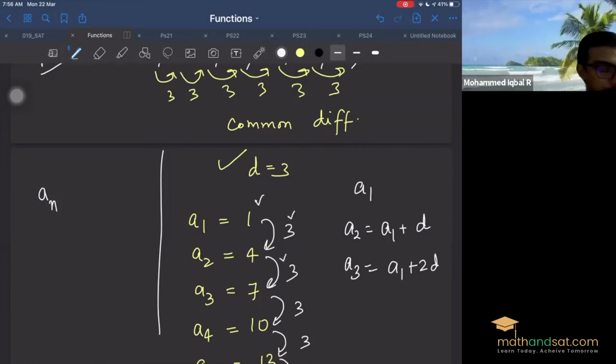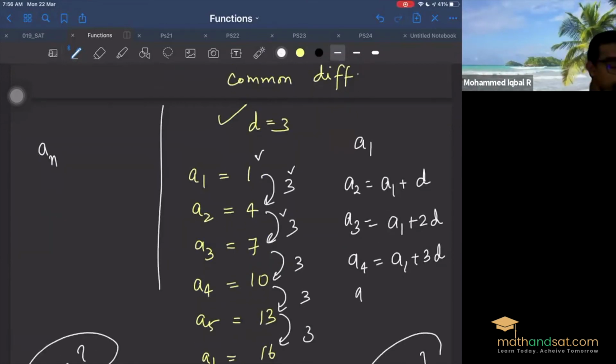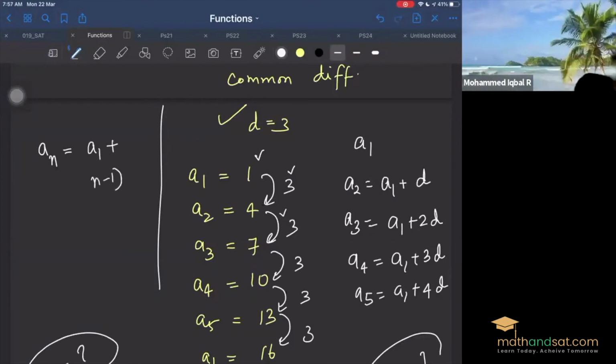So 2 times d has been added to get a3. To get a4, we have to add 3 times d. To get a5, we have to add 4 times d. Similarly, if you want to get an, we have to add n minus 1 times d to the first term. Okay, n minus 1 times d.